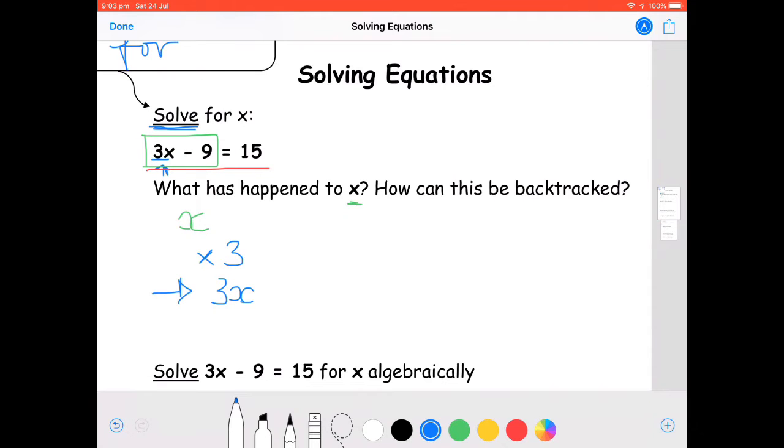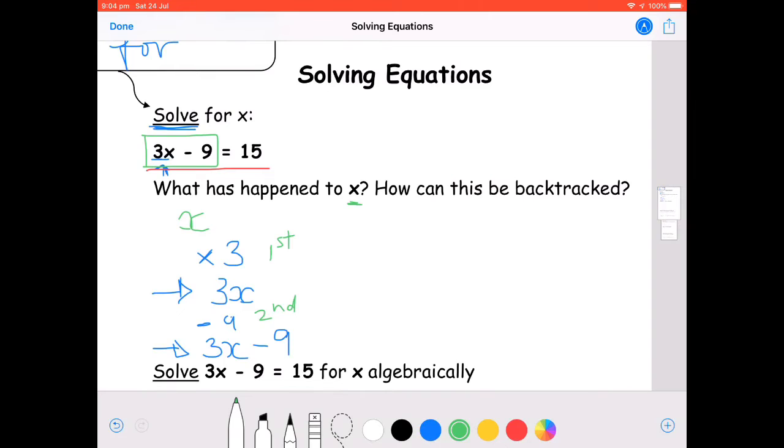We minus 9. So first of all, we multiplied by 3, and second of all, we minus 9.